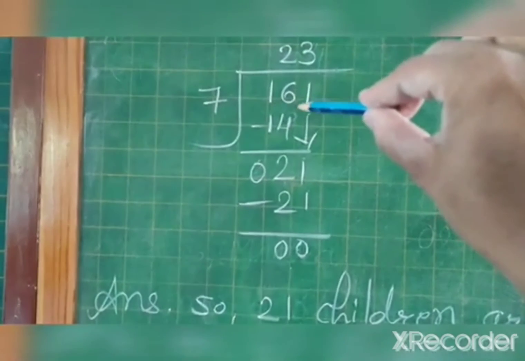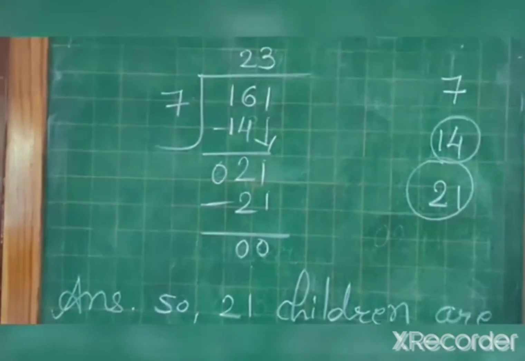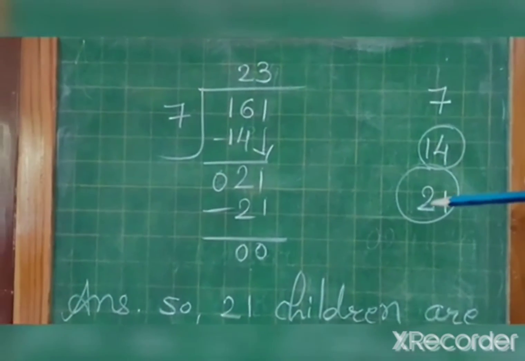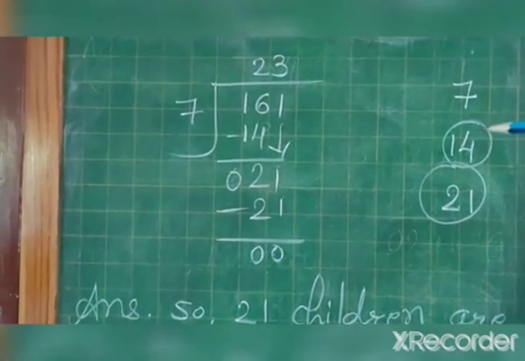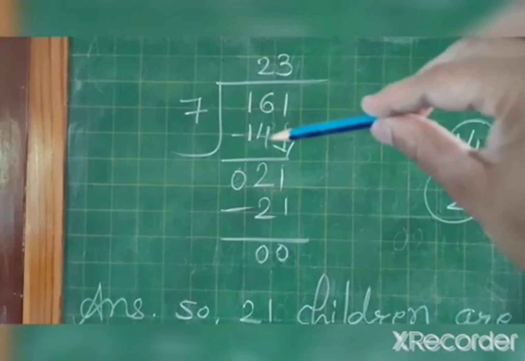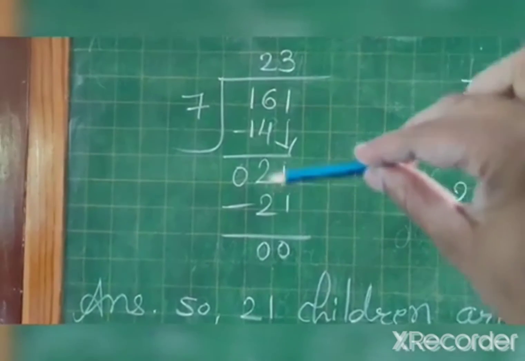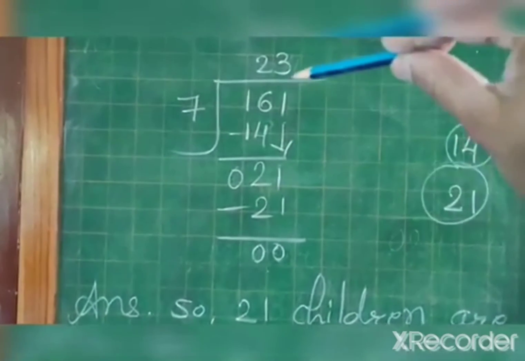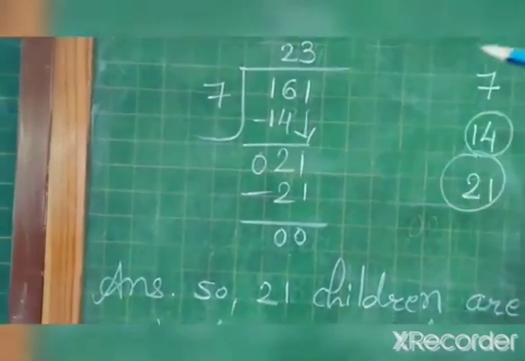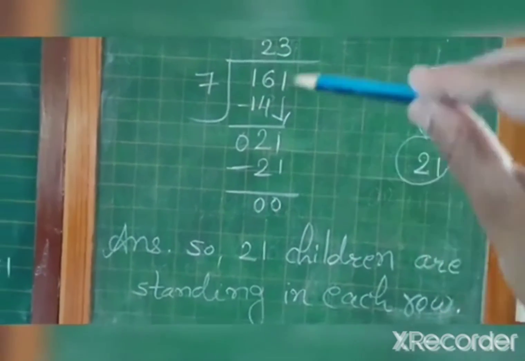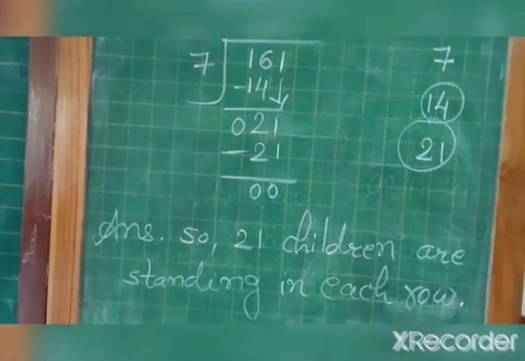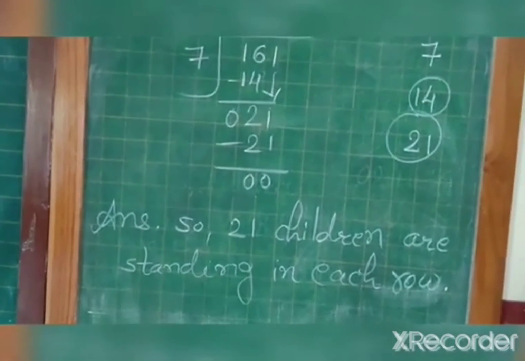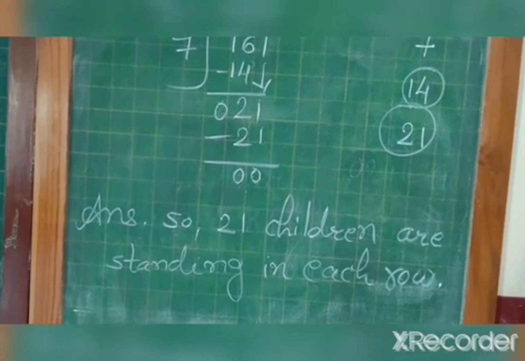Now we'll move forward. 16. 7 ones are 7, 7 twos are 14, 7 threes are 21. In the third time we are getting a greater number. So 2 times we will divide. 7 twos are 14, 6 minus 4, 2, 1 minus 1, 0. Bring down 1, 2, 1, 21, 7 threes are 21. So 23 will be the answer. 21 minus 21, 0. So 21 children are standing in each row. Okay.